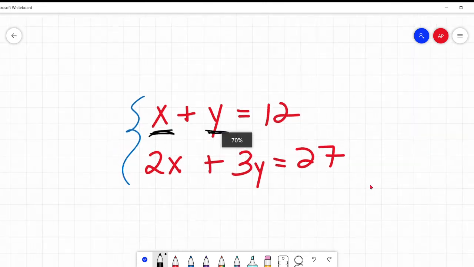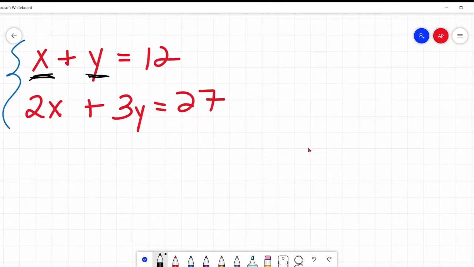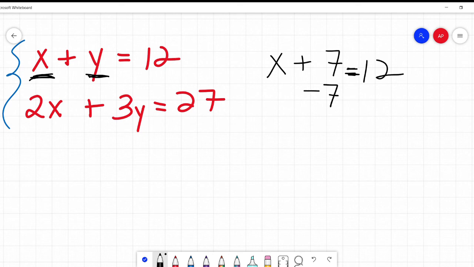Now, if this was with real numbers, or if y was a given number, like x plus 7 equals 12, how would I solve for x? I'll go, okay, well, 7 was added to x, so I need to undo that by subtracting 7. And in algebra, if there's an equals, I have to do the same thing on both sides to keep it balanced. So I'm going to subtract 7 from both sides.